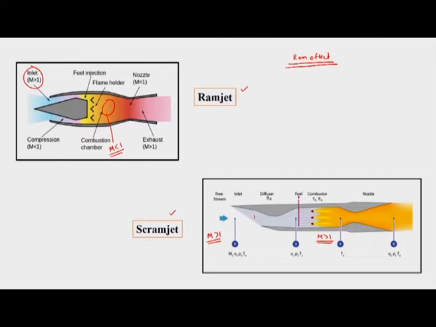So, we would just reduce the flow speed so that it will become lower supersonic, and then we will have fuel added into the combustion chamber, and then combustion will take place still in the supersonic flow regime, and then we would have the nozzle. So, this is the requirement of an intake in case of scramjet engine.